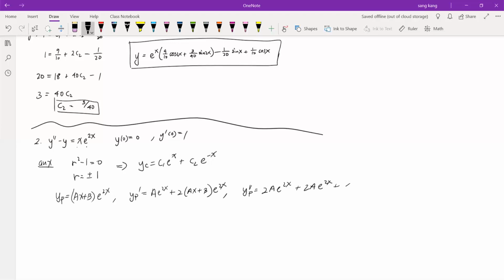So another product rule here. So we can simplify this a little bit and say 4a e to the 2x plus 4(ax plus b) e to the 2x.